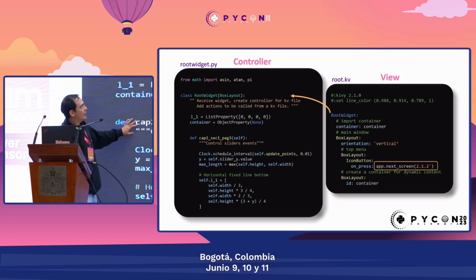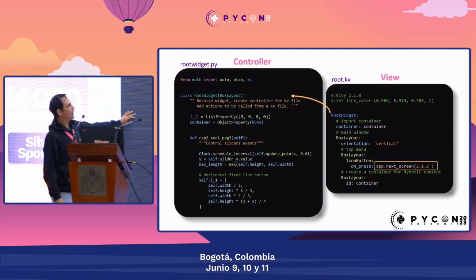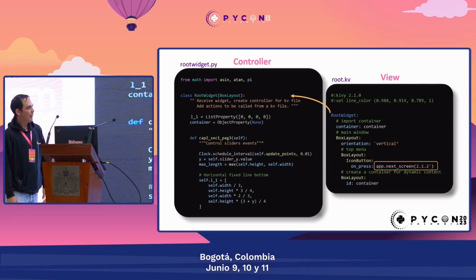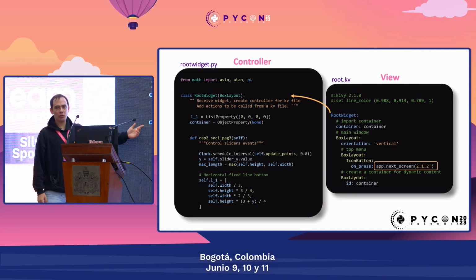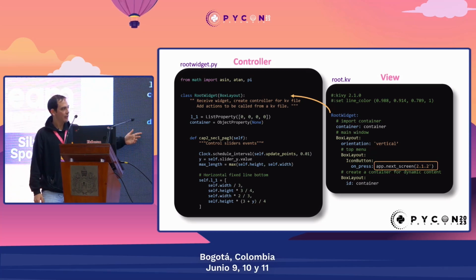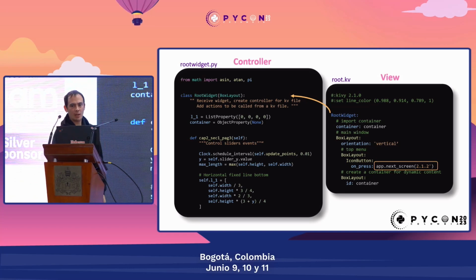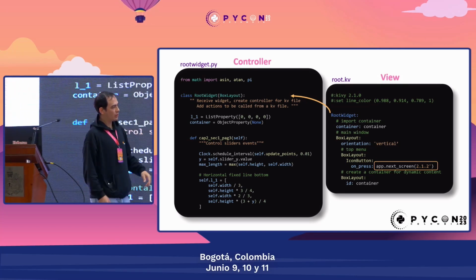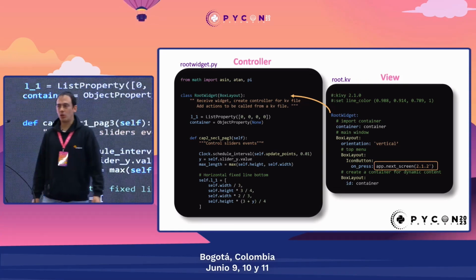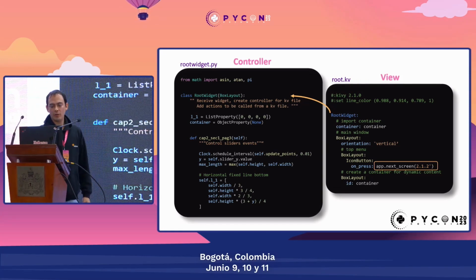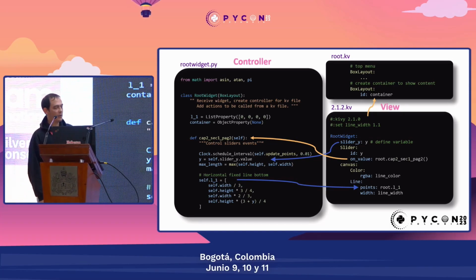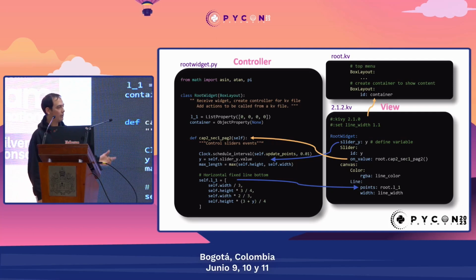So this is the controller class. It has the same name as the class in the Kivy file. And we can define all the controllers for all the events here in the Python code. And from the view, as you can see right there, we can just call some methods. So in this way, we can communicate between the view and the controller.